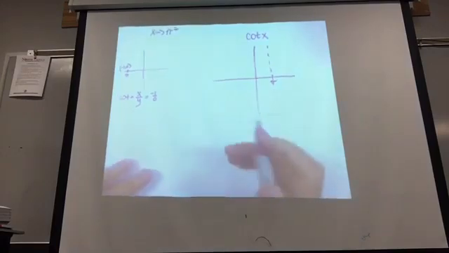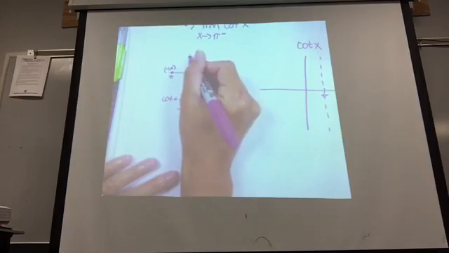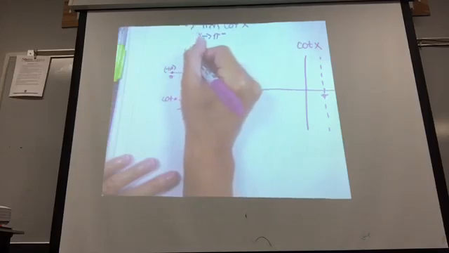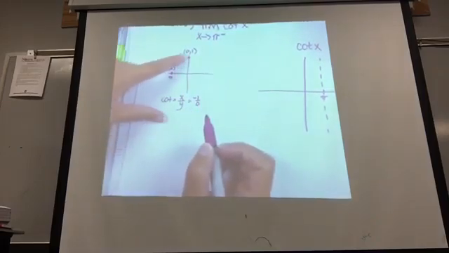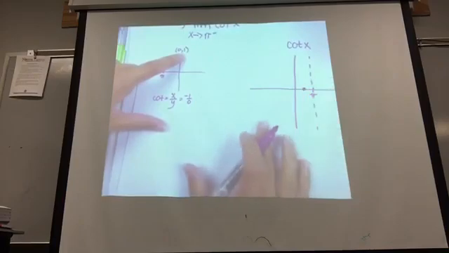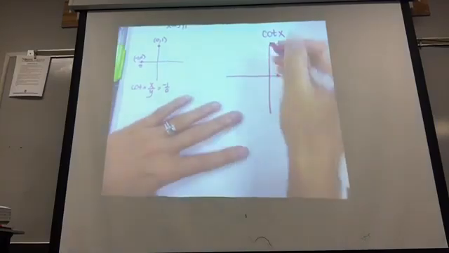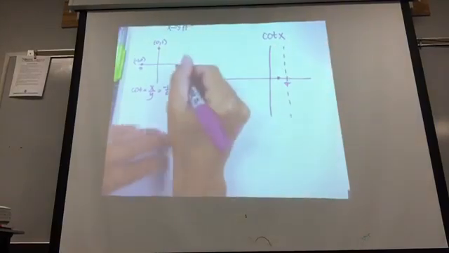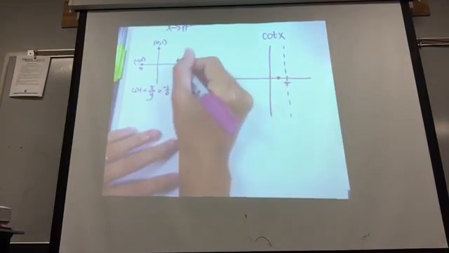So what is cotangent of pi over 2? So right here at pi over 2, I have the point 0, 1. So the x value divided by the y value is 0. So I have a 0 at pi over 2. And the cotangent function at 0, so I'm just writing down my points, 1, 0.